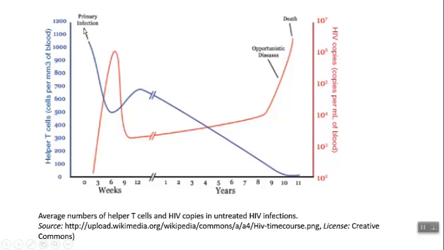Initially T helper cells have a high capacity to respond to a foreign body, and there is a large number of T cells in the beginning, whereas only a very few HIV viruses get into the body, and they continue to multiply.